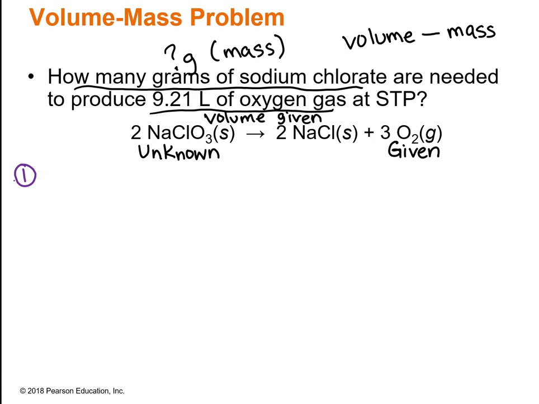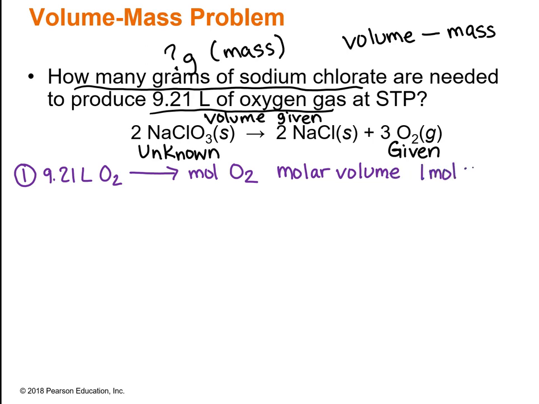So we've got 9.21 liters of oxygen gas that needs to be converted to moles of oxygen gas. We use molar volume to do that. Again, that's 1 mole of gas is 22.4 liters.